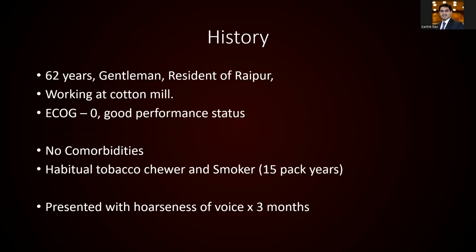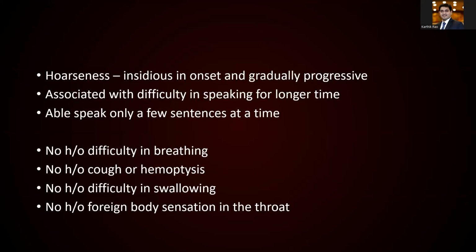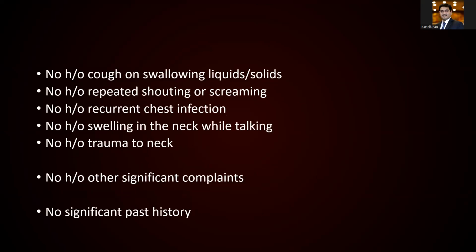He's a middle-aged man with no comorbidities, and there is no history suggestive of a large growth within the glottis. He is also a worker in a mill. So I would like to have a differential diagnosis of vocal cord pathology, either benign or malignant. I would like to correlate these findings with my clinical examination.